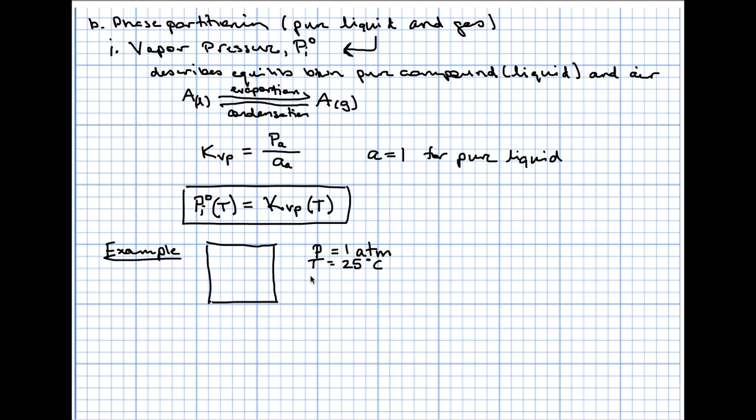And to that container, we add a mass of benzene. Okay, benzene is a petroleum compound, a 6-carbon ring. We add a mass of 1 mole. And the question is, what is the distribution of benzene between the gas and liquid phase?